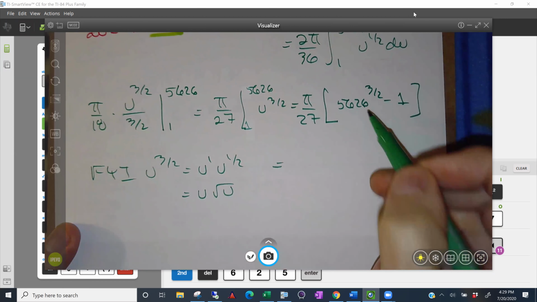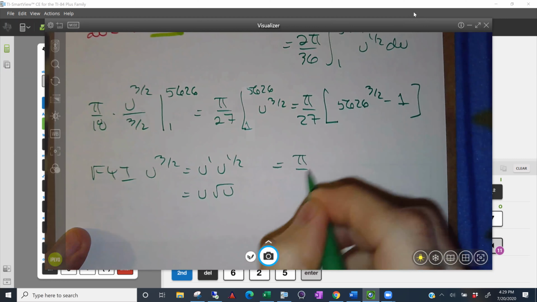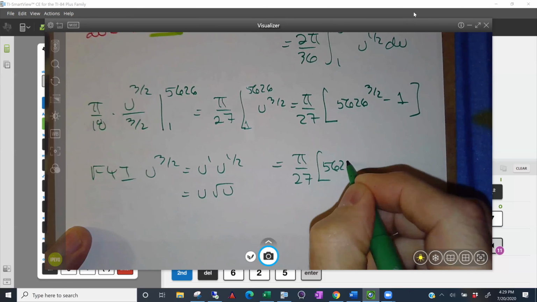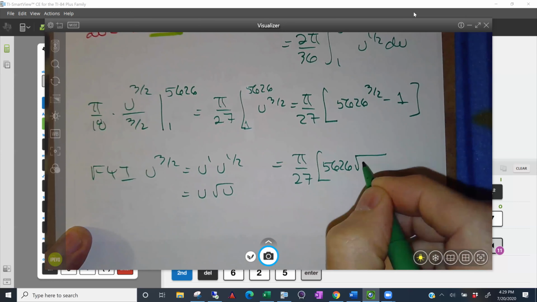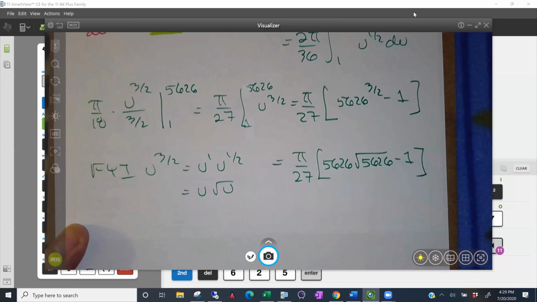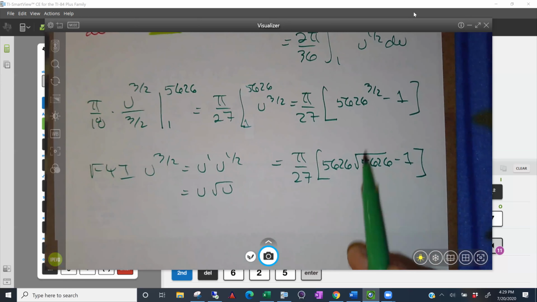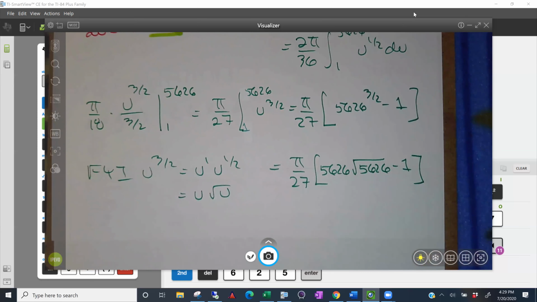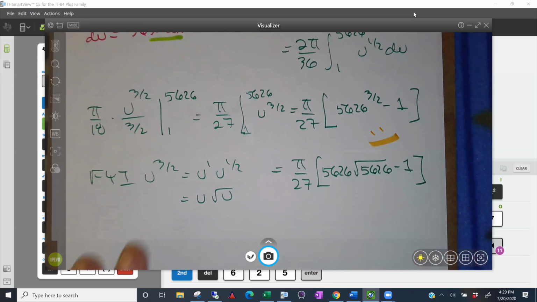And with that in mind, you could write this as 5626 times the square root of 5626. And I think that's the way the book wrote it, but you know what? There's nothing wrong with that. This is just showing off with some algebra skills. So I'll be happy with that. Completely happy with that. You get here, and 2 of us will be happy.